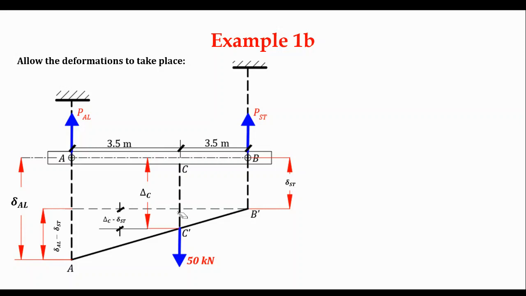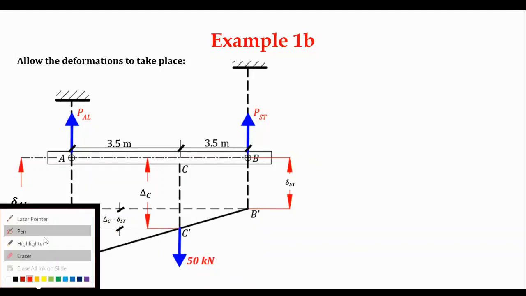As well as this height, it is delta C minus the deformation of steel. So therefore, this length is delta C minus the deformation of steel.